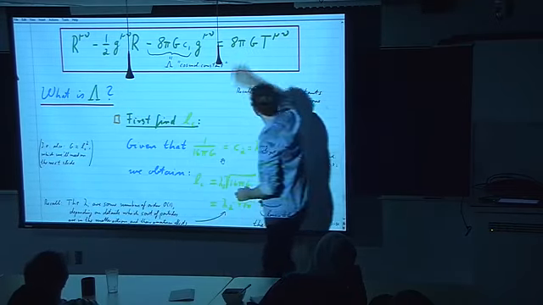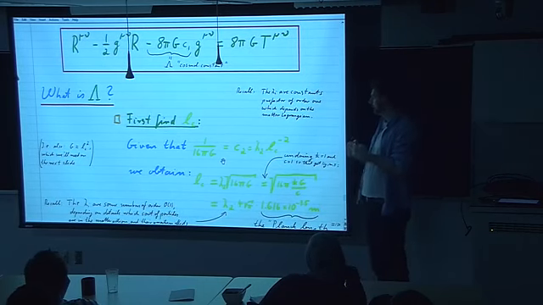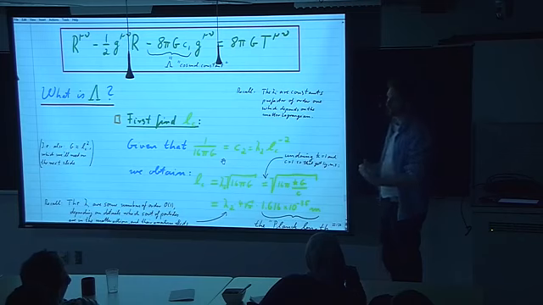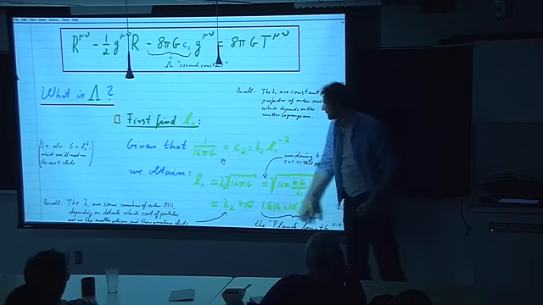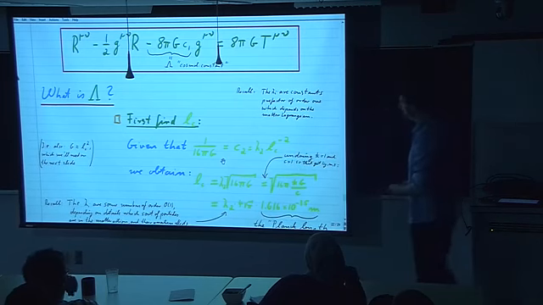This prefactor comes out right if you assume that there is a finite minimum length in nature, which is given by the Planck length. Okay, so LC is of the order of 10 to the minus 35 meters.